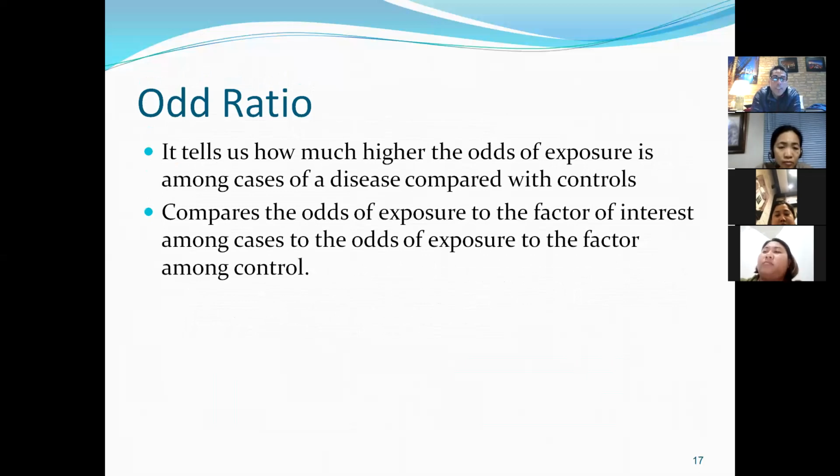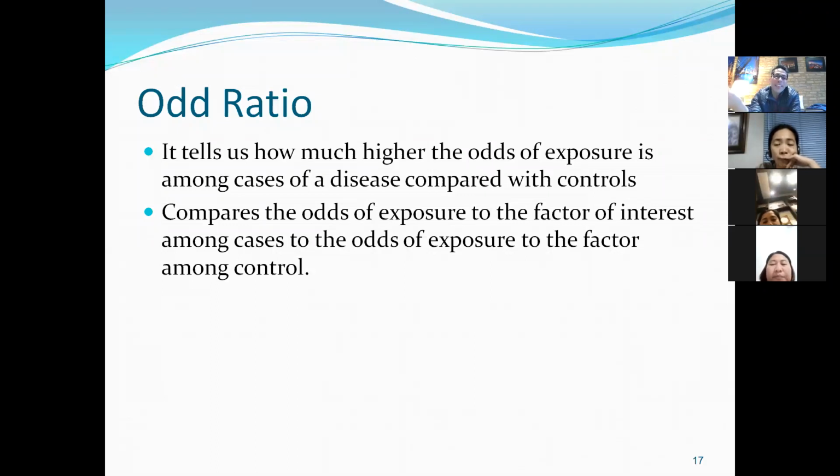Odds ratio will tell us how much higher the odds of exposure is among cases of a disease compared with controls. Again, the word "much higher" is there because it's a ratio, and a 1:1 ratio means it's equal.